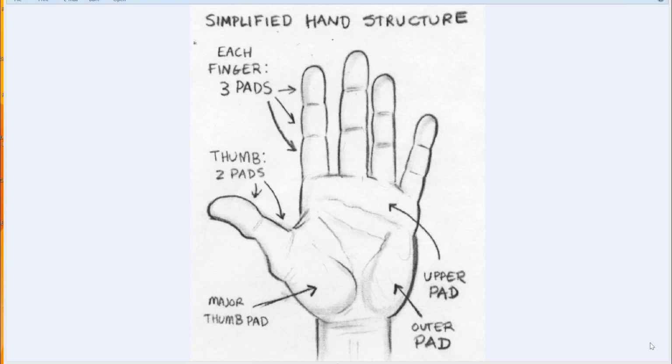One of the more difficult parts of drawing your character and the hawk character is the hands. So here I'm going to have a bit of a rundown on that structure of hands and a breakdown. So here's a simplified hand structure. This is the palm side. You can see how a finger breaks down into 3 sections, and that we have the palm, which is made up of an upper pad, outer pad, and a major thumb pad here.